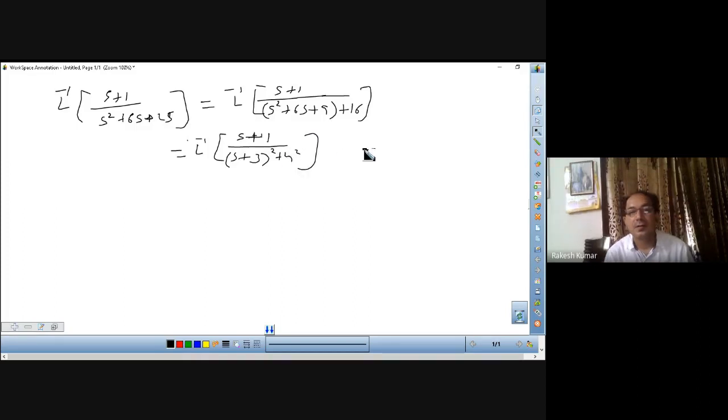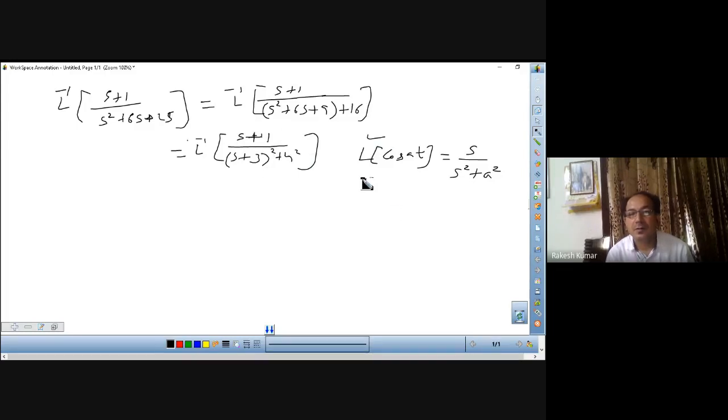You just see, when there is an s in the numerator, we have the formula of cos, because Laplace of cos of at, if you remember, the formula is s upon s square plus a square. This was your formula. But in case of sine, we have a in the numerator and s in case of cos. So in the numerator of our question, there is a function of s. It means the resultant answer will be in terms of cos.